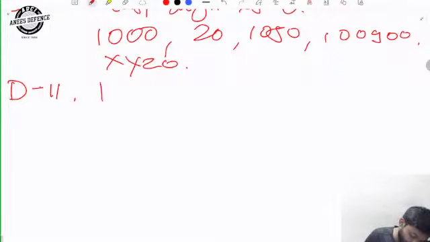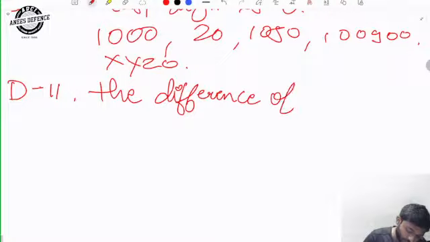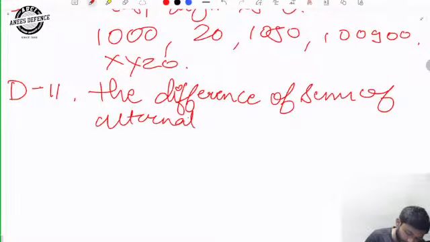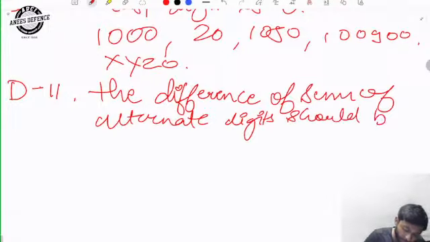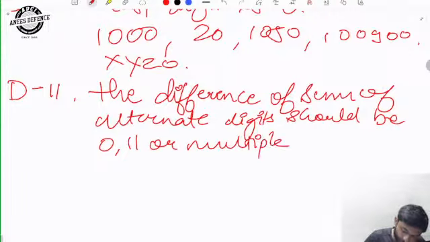The difference of the sum of alternate digits should be 0, 11 or a multiple of 11. Okay?